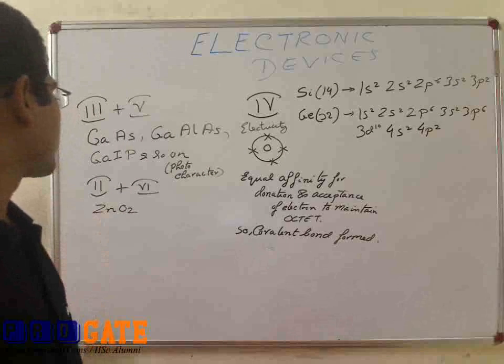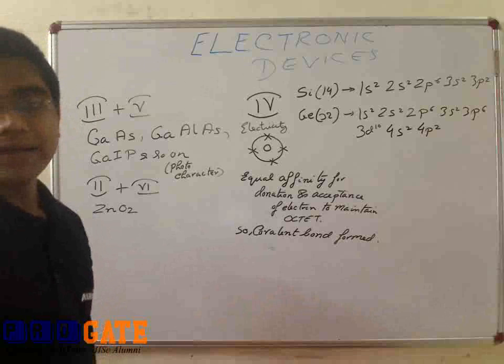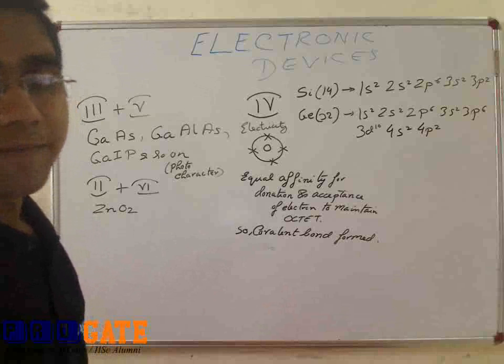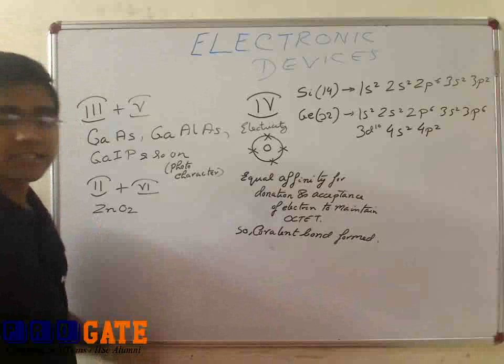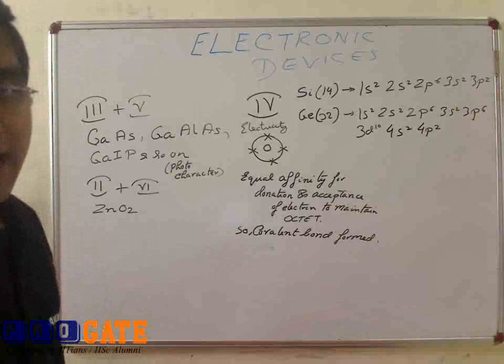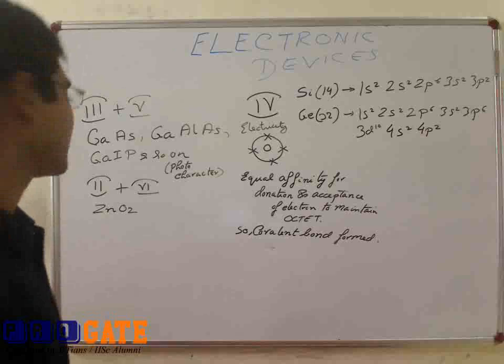And group 2 and group 6 combined are used as transparent conducting oxide. These oxides are transparent and they form a transparent semiconductor.